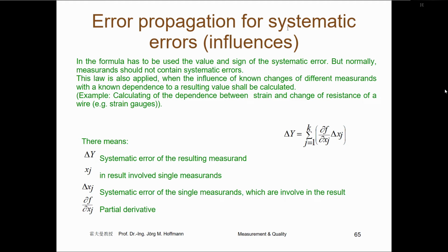Therefore, in measurement and instrumentation, the propagation of systematic errors plays no role, but it need not be errors where you want to calculate the resulting influence. When you have influences which are not errors, you can calculate with this law the propagation of the different influences.